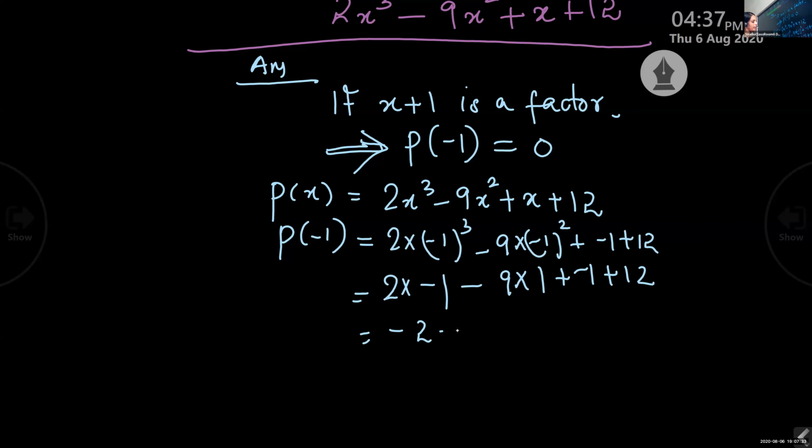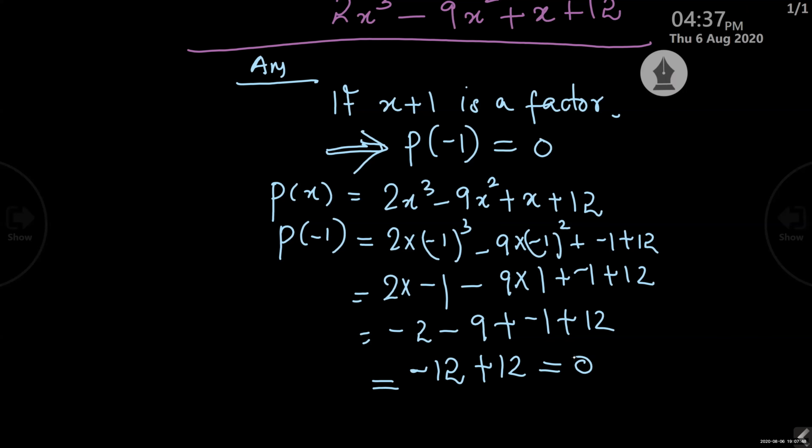Negative 2 minus 9 plus negative 1 plus 12. What answer will you get? Negative 12 plus positive 12. Is it 0? Yes, ma'am. So the conclusion is x plus 1 is a factor.